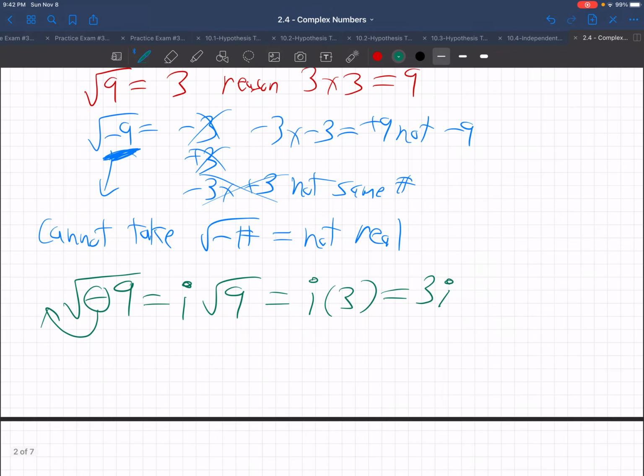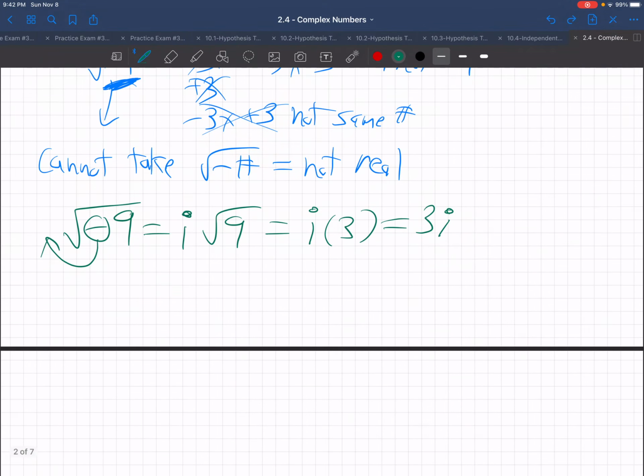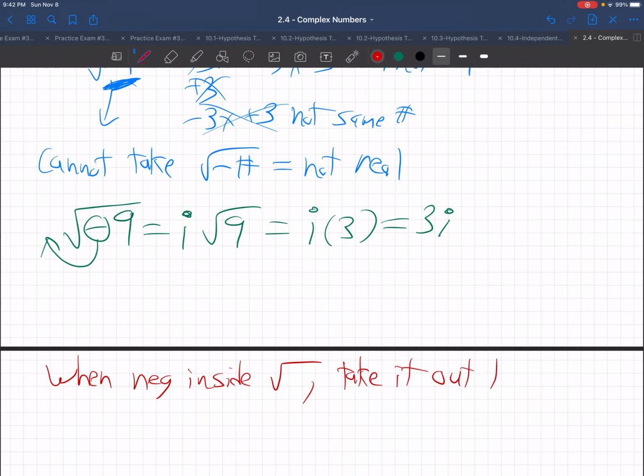So, in fact, let me just bring it down here a little bit and explain. When there's a negative inside of a root, take it out to the front.